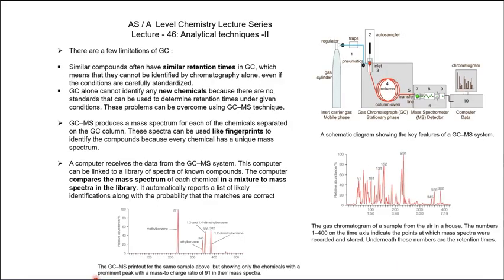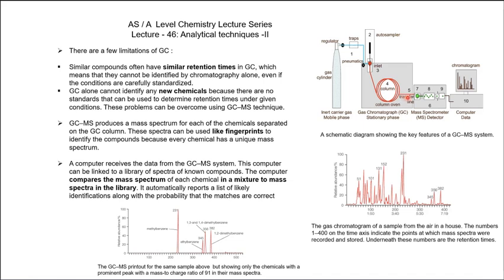This is a schematic diagram showing the key features of a gas chromatography mass spectrometry system. Here is a gas cylinder with a regulator, and then the autosampler, the inlet, and then we see the column.